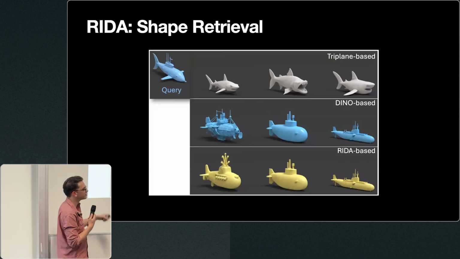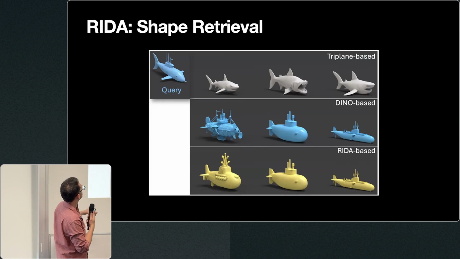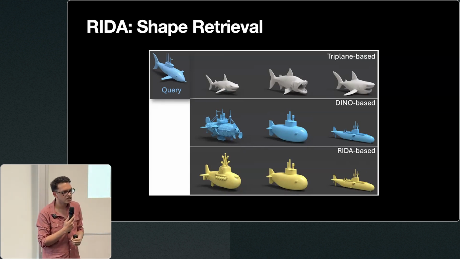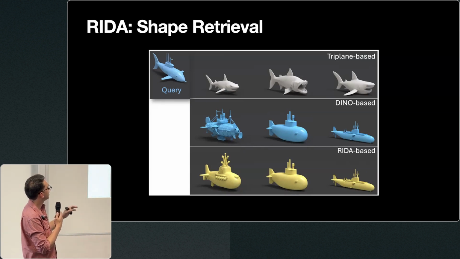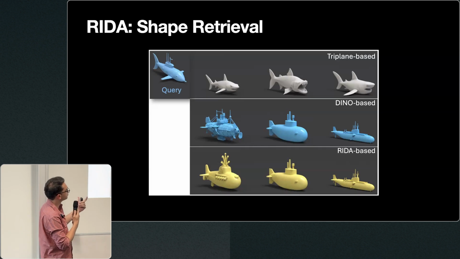So one of the more interesting side effects of training this 3D loss was that we actually get shape retrieval for free. So over here, we have this query of a submarine, but it's actually quite confusing because it's shaped like a shark, right? But this is actually a submarine.